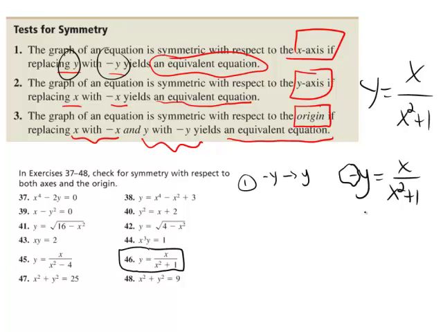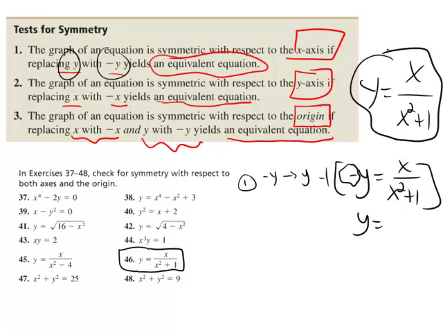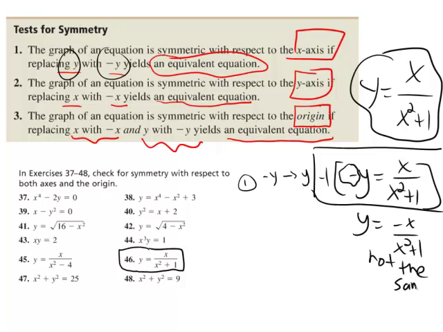If you want to solve it for y and times everything by negative 1, you'll see that on this one you have y equals x over x squared plus 1, but on this one, when you times by negative 1, that'll get you the y back on the left-hand side, and that'll put a negative 1 on the right-hand side. So no, that's not the same. When it's not the same, you don't have that kind of symmetry.